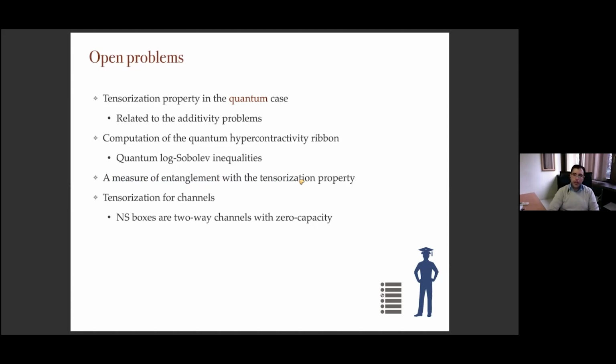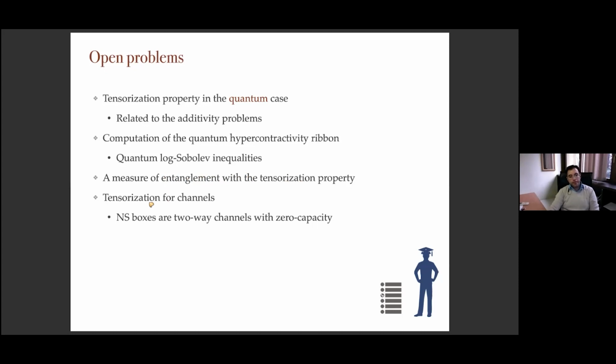But the problem with that definition is that it's hard to compute. As you can guess, to go from a correlation measure to an entanglement measure, you go to different decompositions of a density matrix into pure entangled states, and then, like in the entanglement of formation, you take a convex roof type of thing.